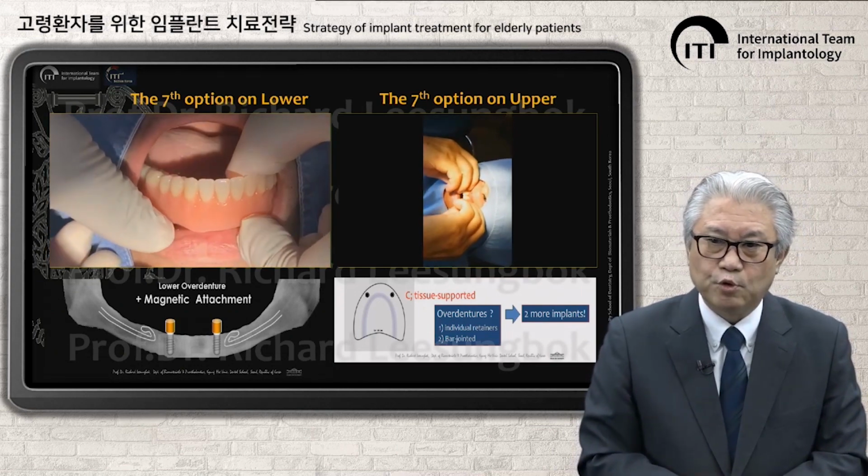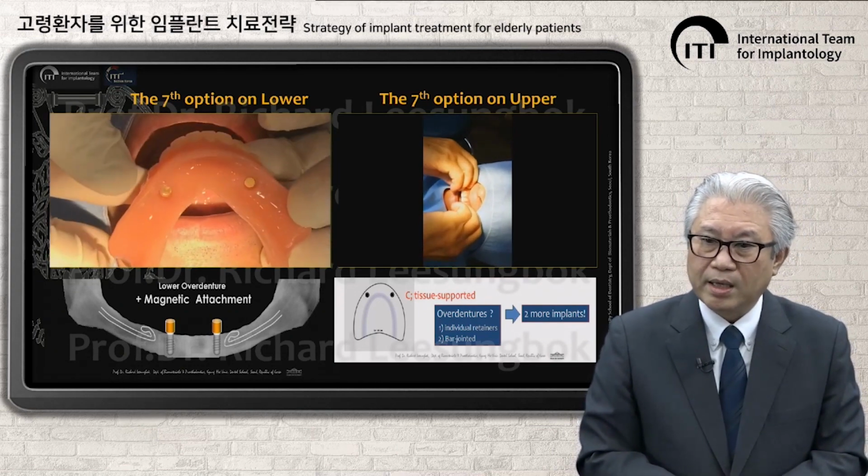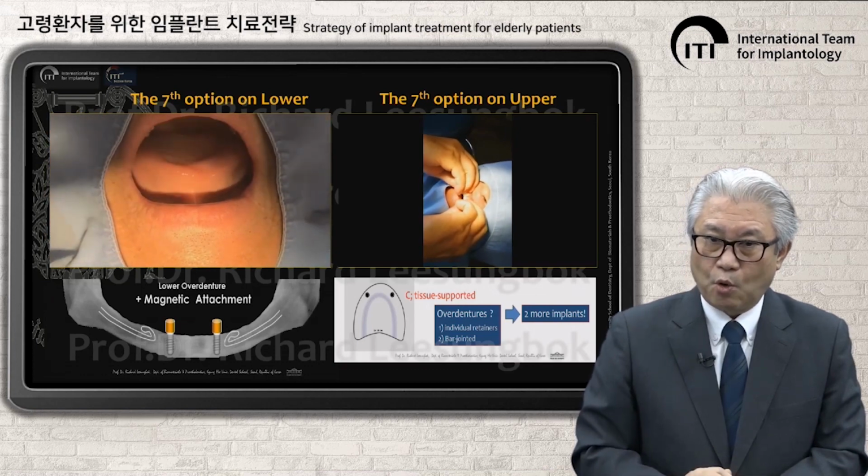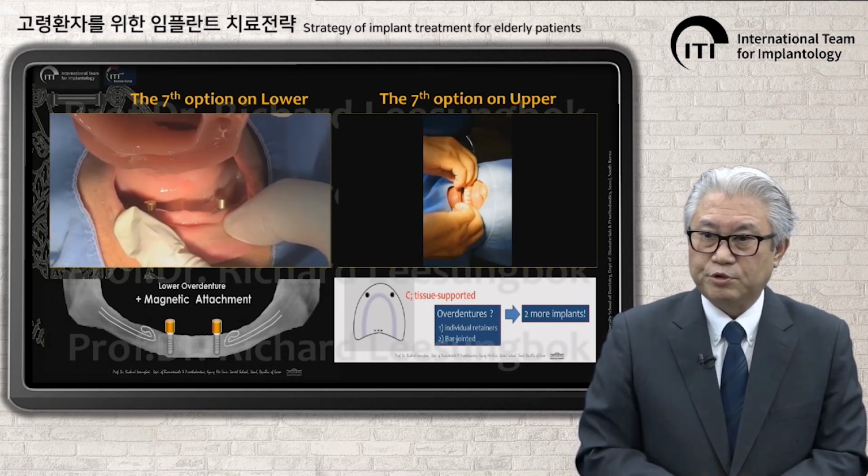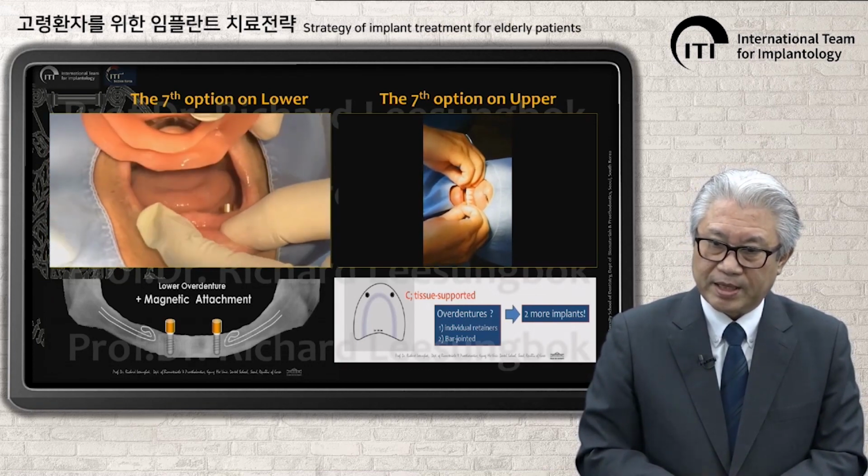It would be more desirable if 2 more implants could be added to the upper jaw if the patient's situation allows.